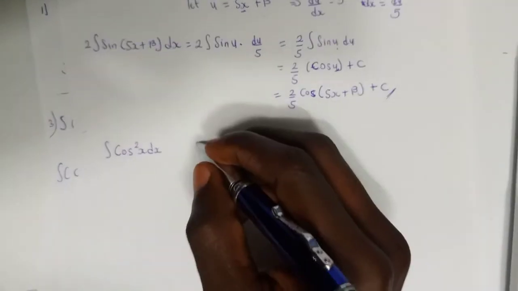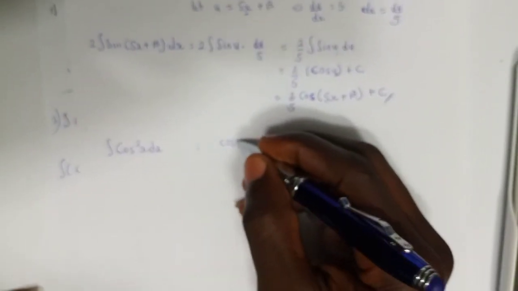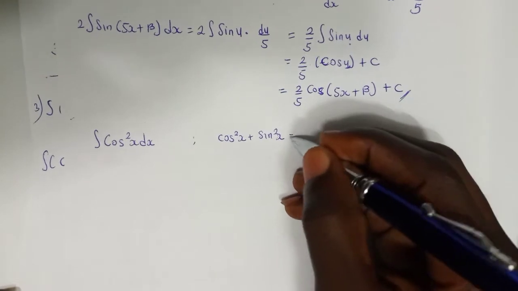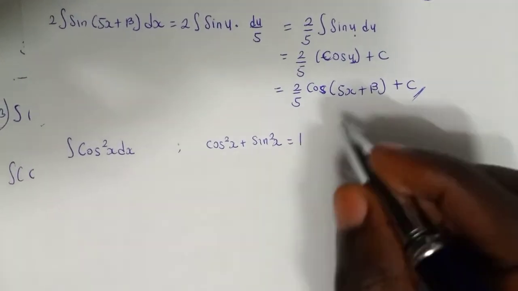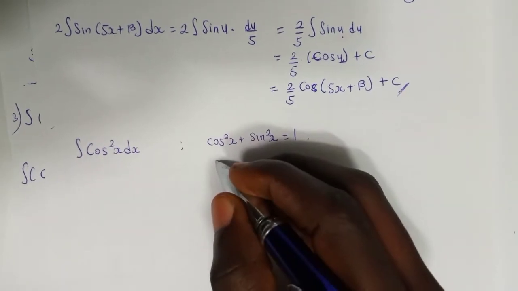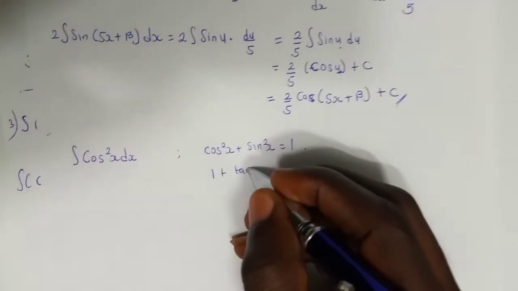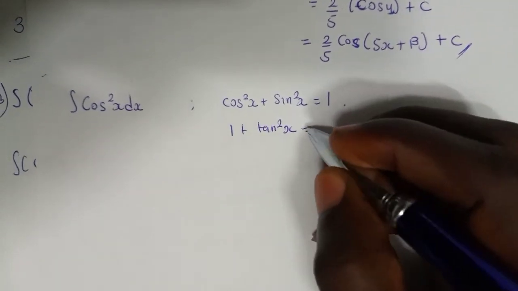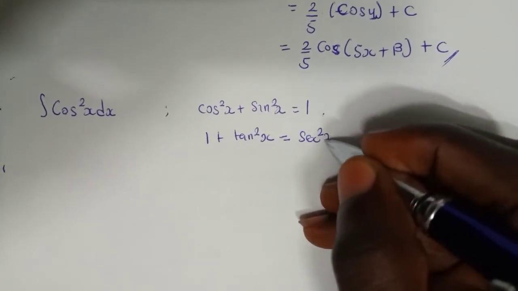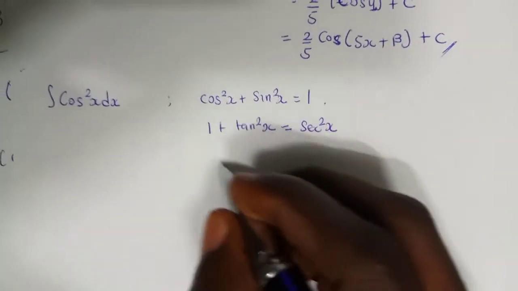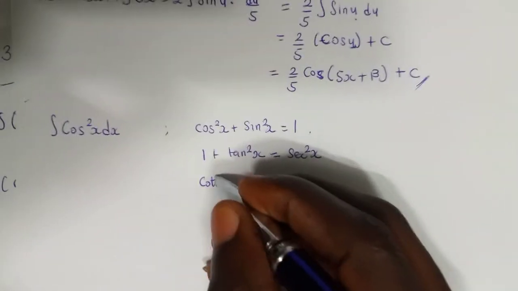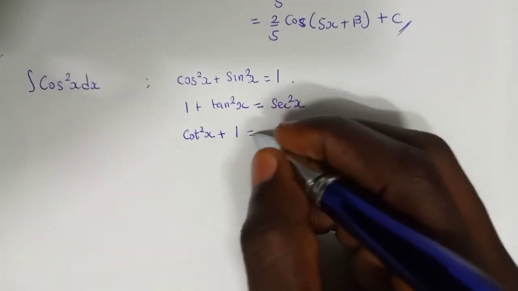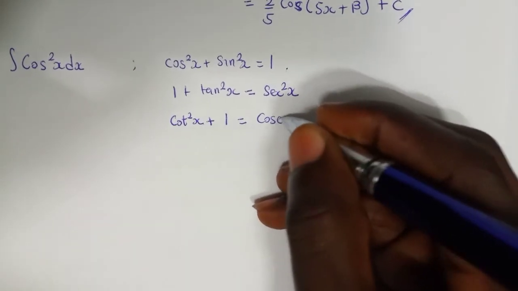So we know that cos square x plus sine square x equals 1. 1 plus tan square x equals sec square x.